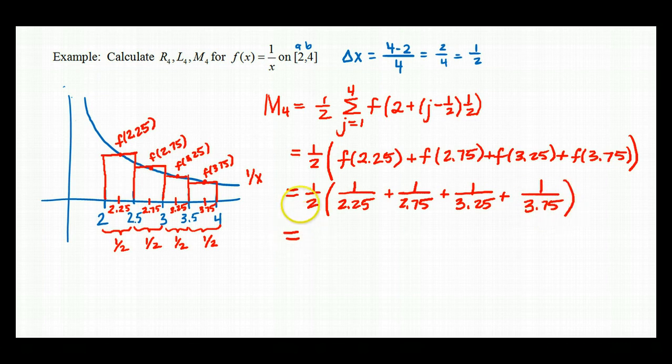And using our calculator, we get that the midpoint approximation, the decimal answer, is going to be 0.6912, and the fraction answer is really messy. It's 4,448 over 6,435. So now we've computed R4, L4, and M4 for the function 1 over x on the interval from 2 to 4.